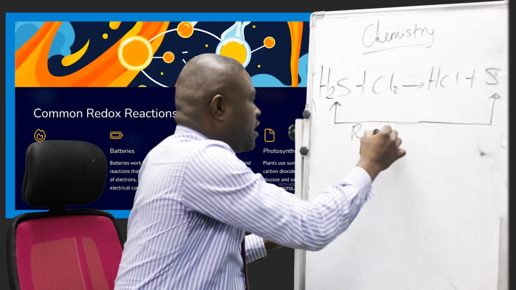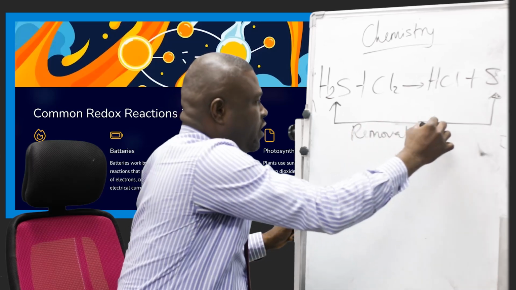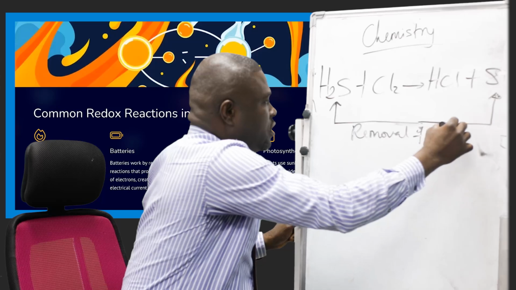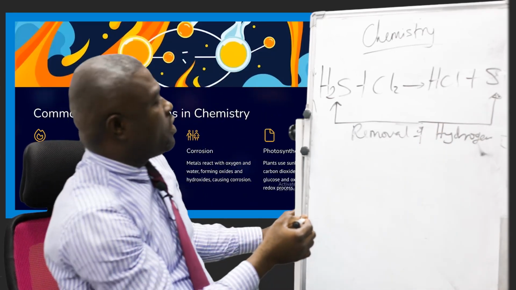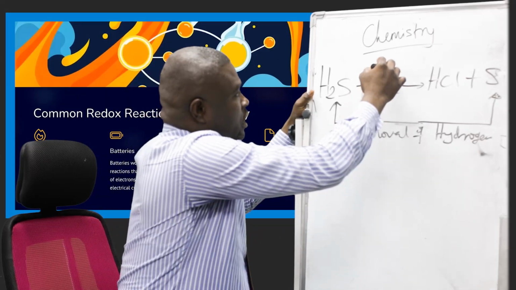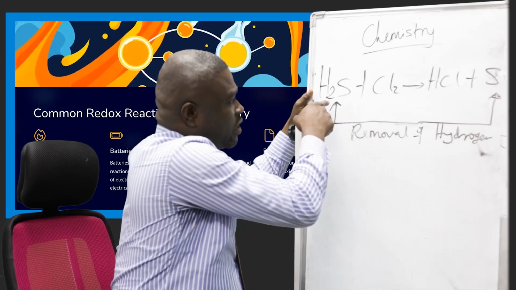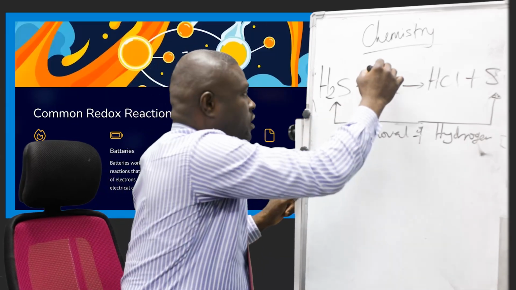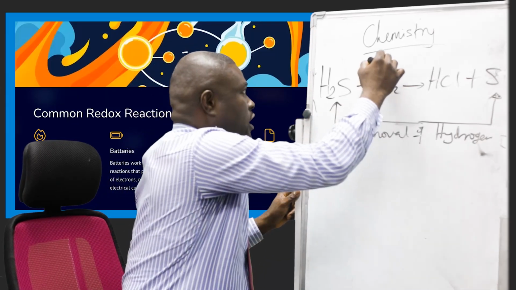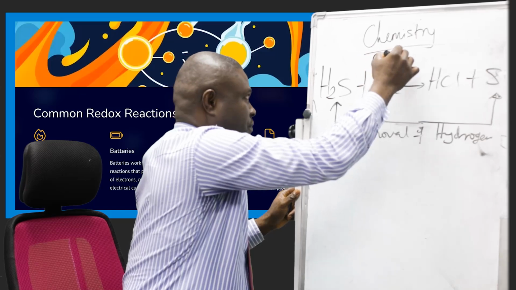Removal of hydrogen is another way you can understand oxidation reaction. The reactive substance that reacted with hydrogen sulfide on the reactant side is chlorine, which shows that chlorine here is the oxidizing agent.